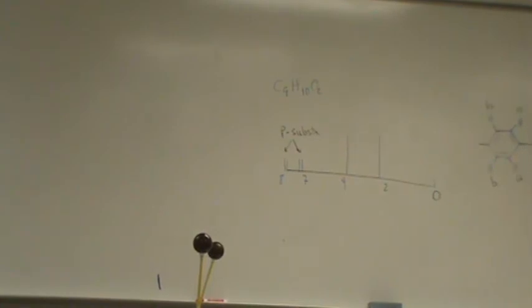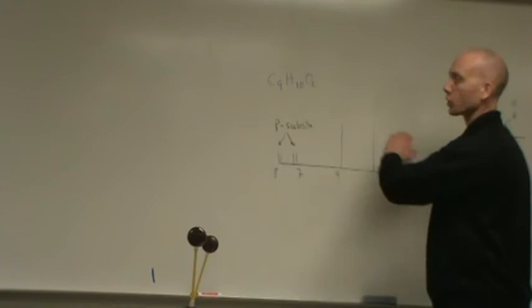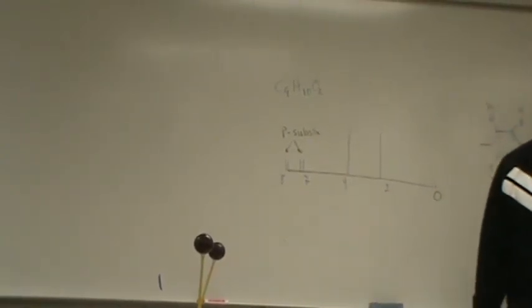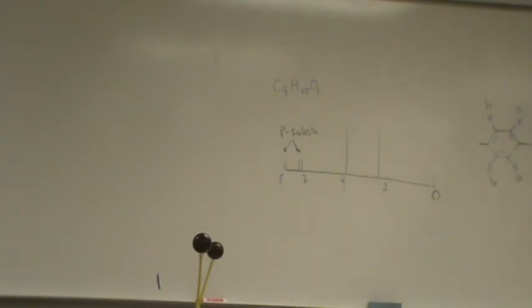What could I do with IR to get confirmation about that? What would IR tell me to give me some major help here? I have oxygen in the molecule. So that tells me I have maybe an OH, or I could have a carbonyl. What would IR do to tell me?